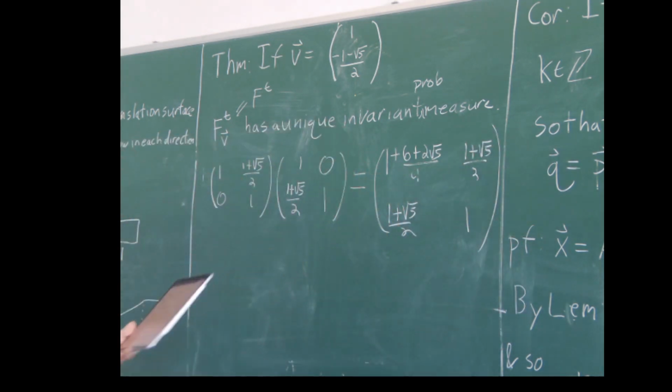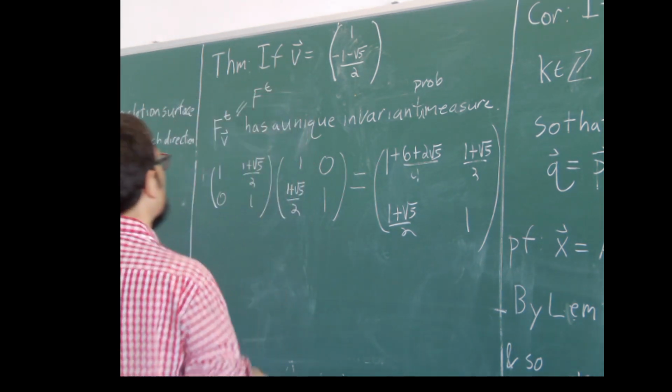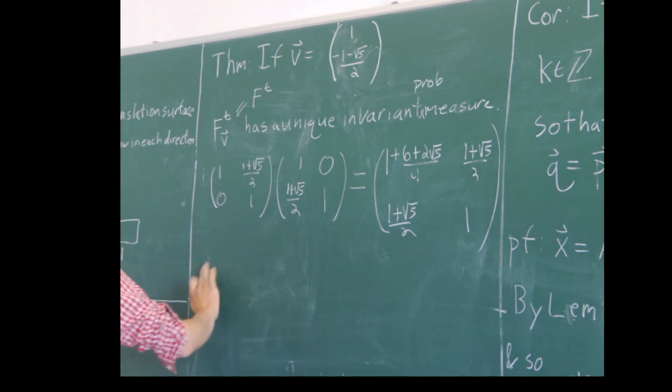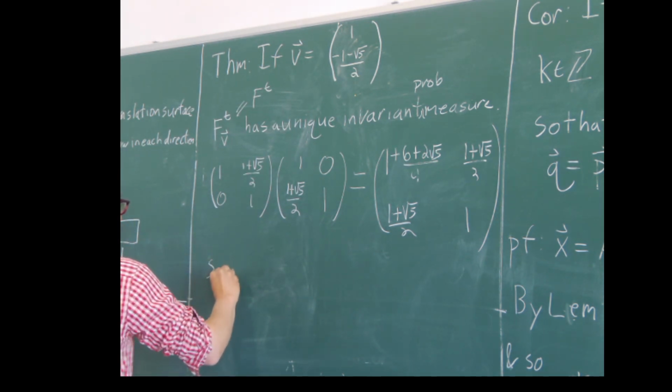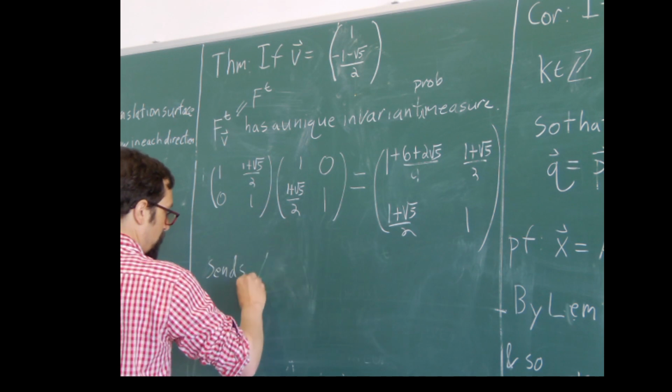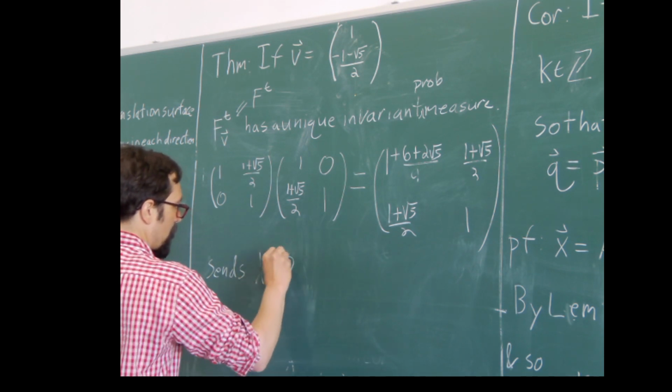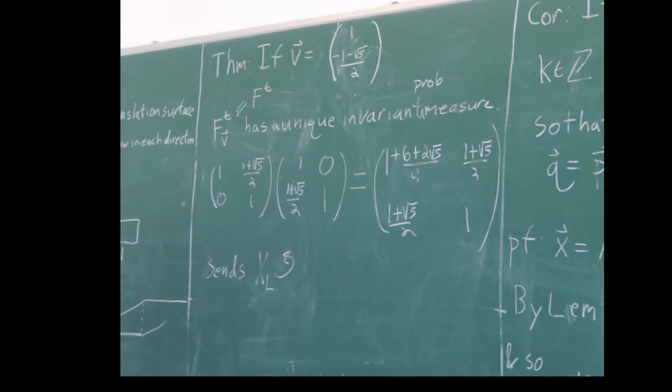By the way, this is 1 plus 3 plus the square root of 5 over 2. But in any case, this is a map, and it's a map of the golden L to itself. And it has one expanded and one contracted direction.